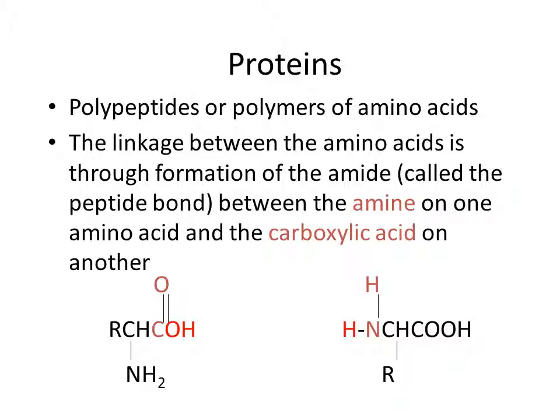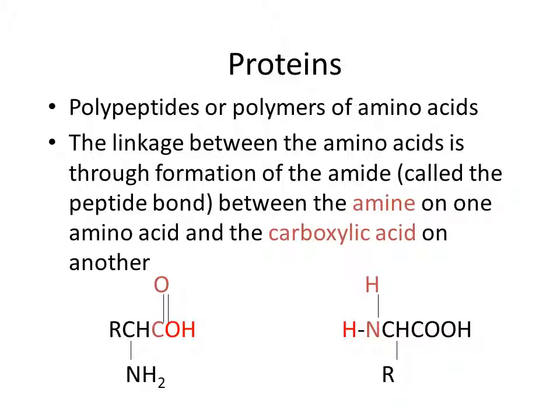Proteins are polypeptides. They're polymers of amino acids. When that polymer is formed, what you have is an amide group formed. Let's look down here at how we can join two amino acids. One amino acid, functional group, carboxylic acid, will join with another amino acid, amino group.